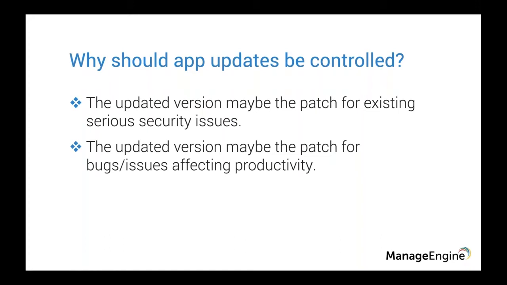Also, sometimes the latest version of the app might have a few flaws that will cause the app to function in a way in which you hadn't originally intended it to. So it's always recommended that you first try out an update on one device, and if you're satisfied with the functionality of the latest version of the app, you can go ahead and distribute it to any number of devices that you want.